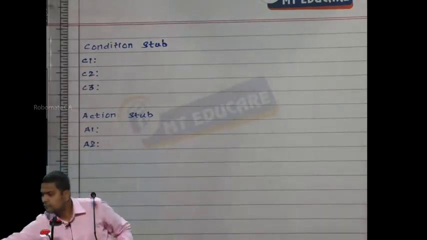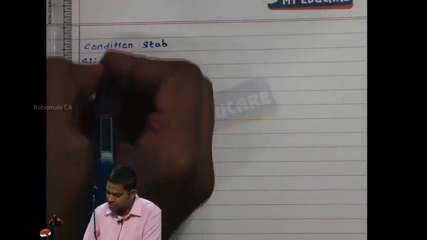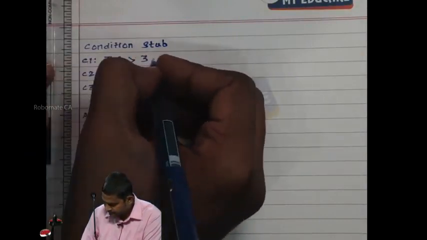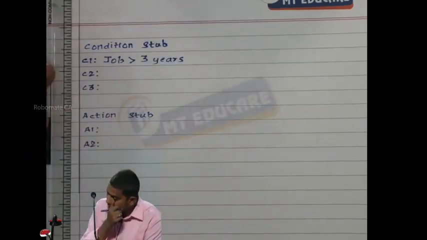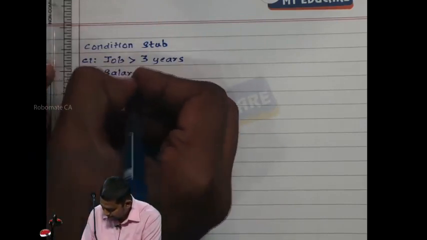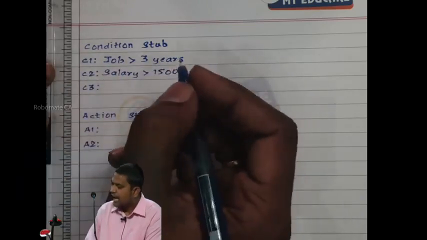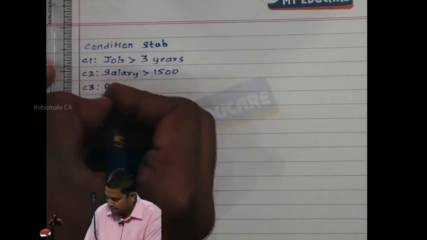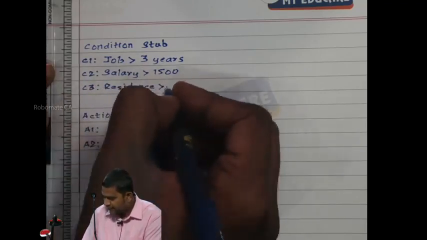First was holding present job for greater than 3 years, so I would say job greater than. Second condition was having monthly salary greater than rupees 1500, so salary. And having a residence living in the same place for more than 5 years, so residence should be greater than.